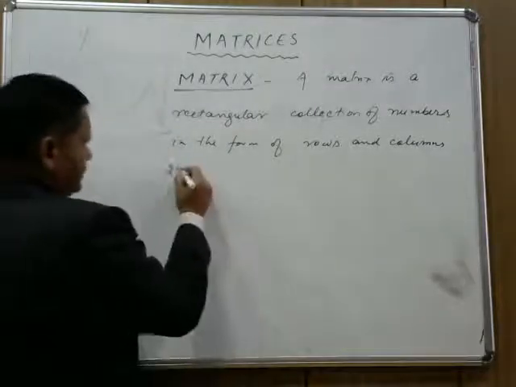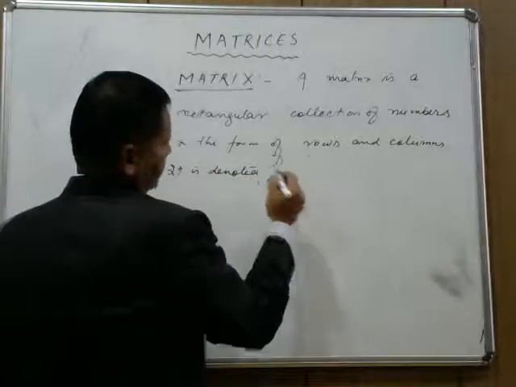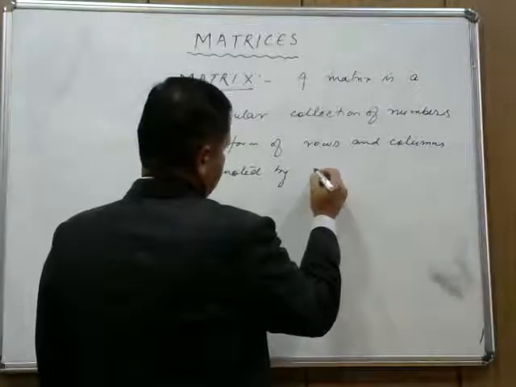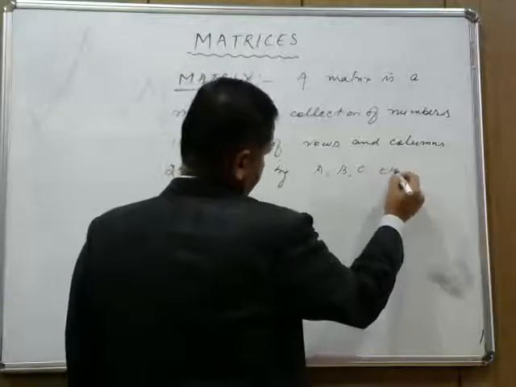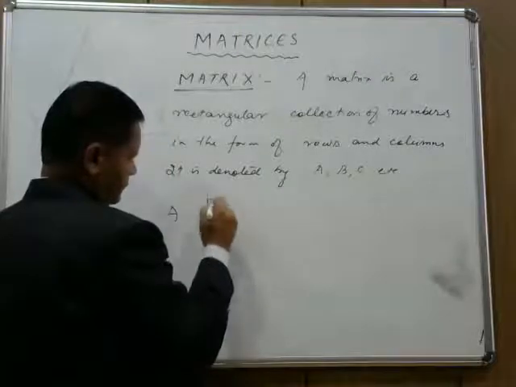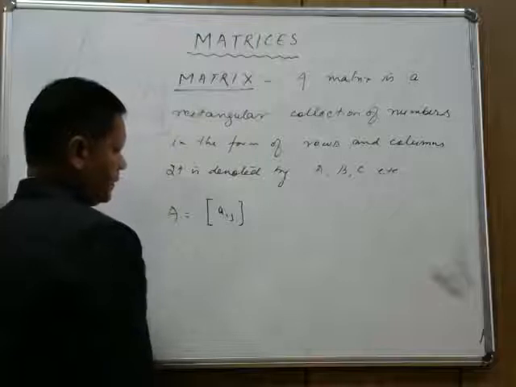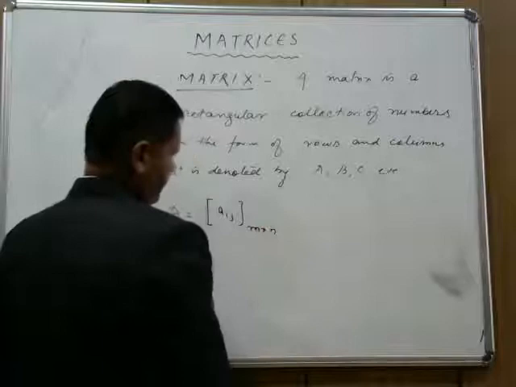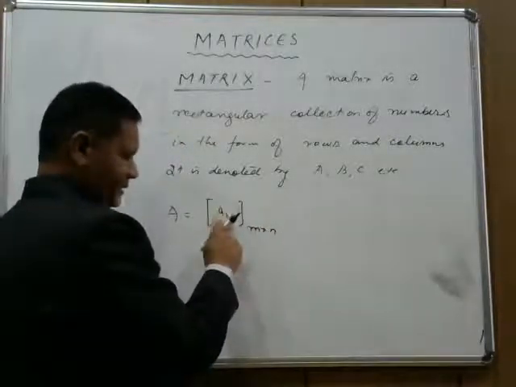It is denoted by A, B, C, etc., such that A is equal to a_ij, where i is for the row and j for the column.